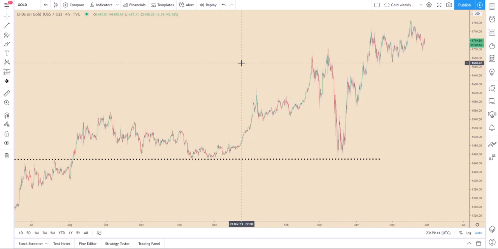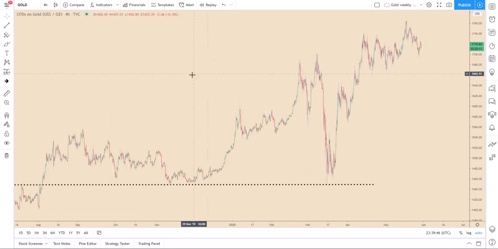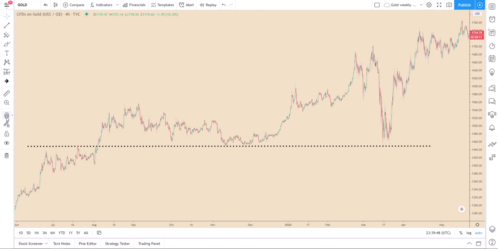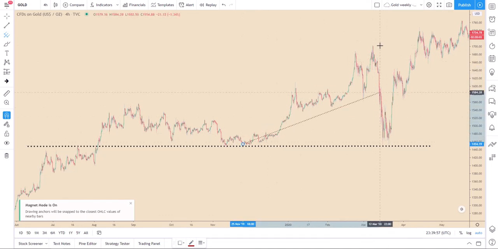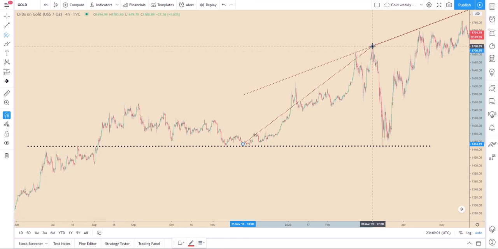And then once I have that in place, it becomes obvious to me that I need to go look at this Andrews pitchfork.